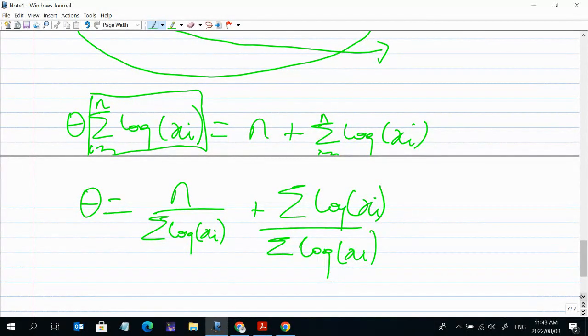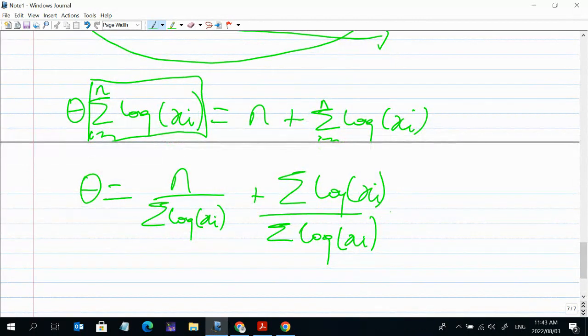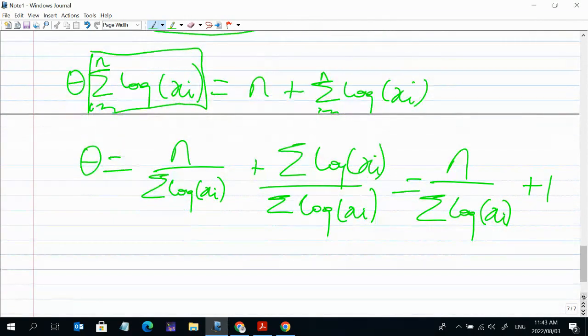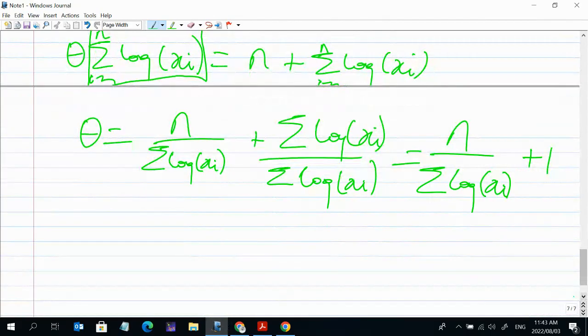And this gives us n over the summation of the log of xi plus, this is 1 as you can see, plus 1. And this is our expression that maximizes the likelihood function.